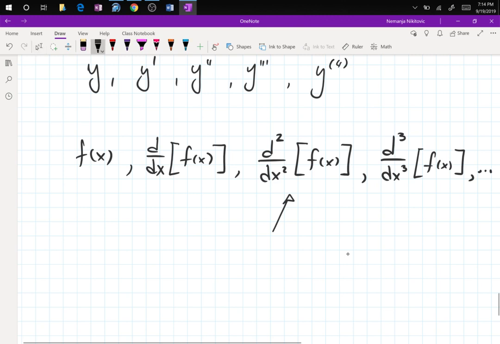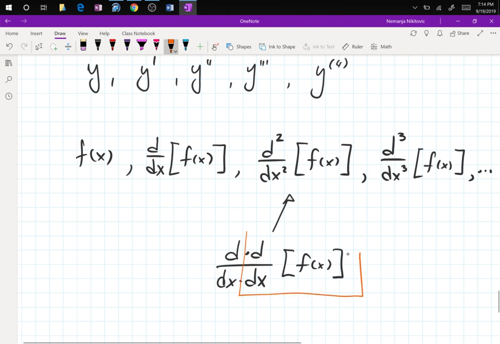What is d squared? That's d times d, right? And what's dx squared? It's dx times dx, right? And you have over here f of x. So now what you're going to do is associate this first, and that would give you your first derivative. Let's call it f prime.